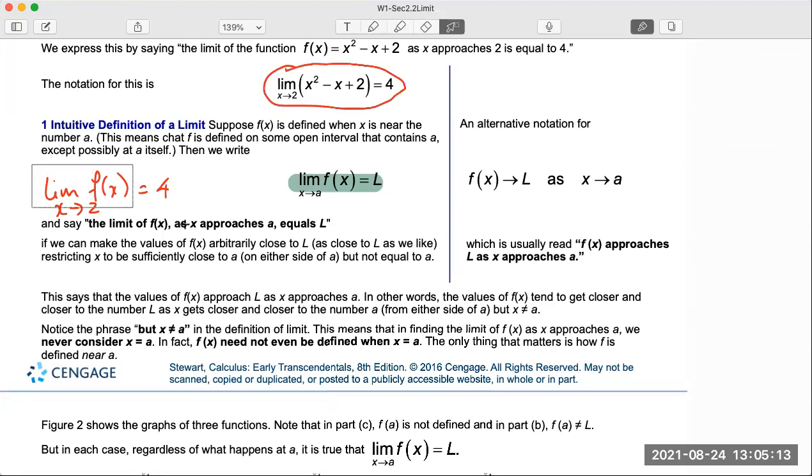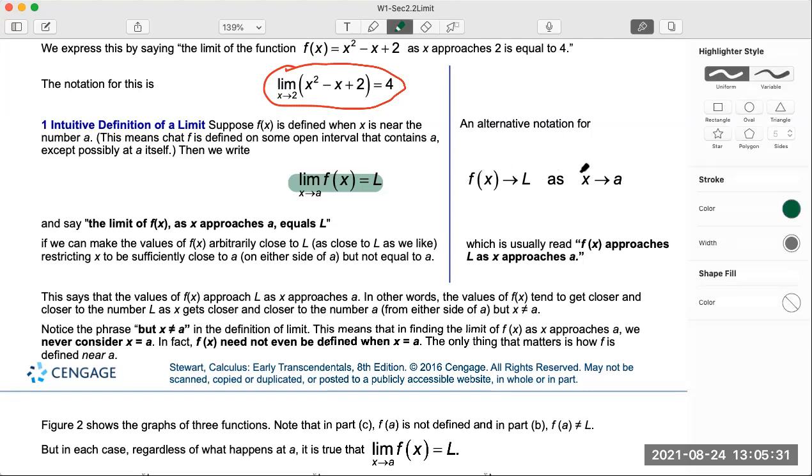So mathematicians are lazy, so they create new notation so they don't have to write many letters. Or we can say this: f of x approaches L as x approaches a. There are two ways to say and write this. Very new concept, but very useful.